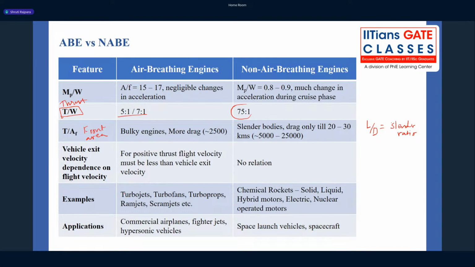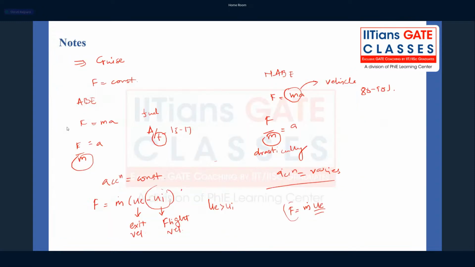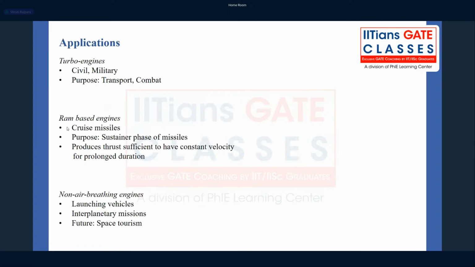Now let us see the applications of air breathing and non-air breathing engines. Turbo engines, as we have seen in our day-to-day lives, since many of you must have traveled in aircraft, are used in civil and military aircraft, meaning fighter aircraft.